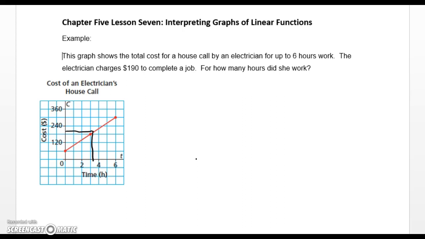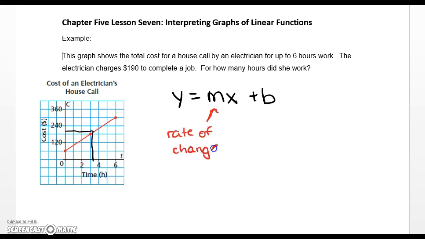In order to determine the equation, we're going to use the general form y = mx + b, where x and y are your x and y variables, m represents your rate of change, which I'll call the ROC, and b represents your y-intercept. So what we need to do is calculate our rate of change, and then we can find our y-intercept using our graph.